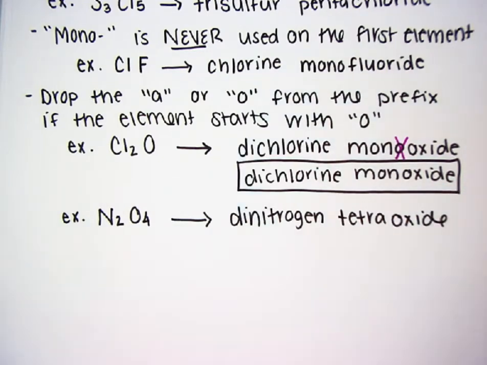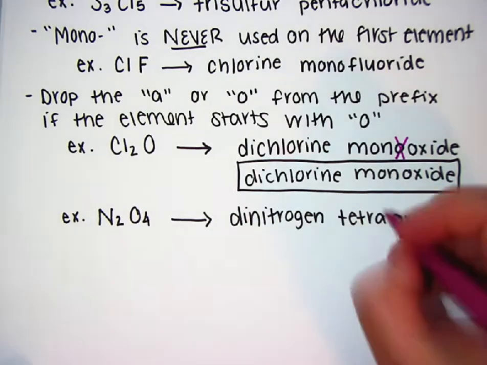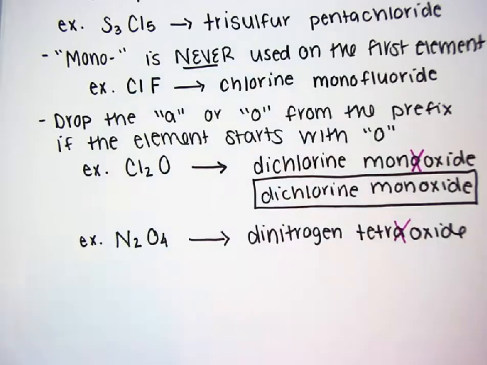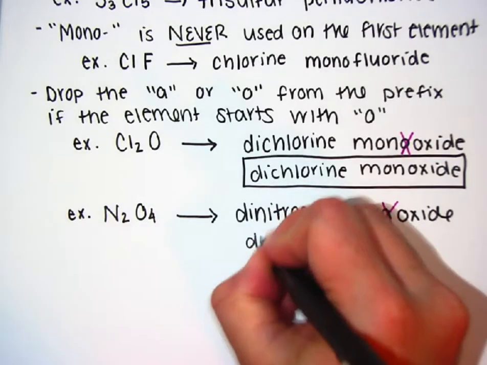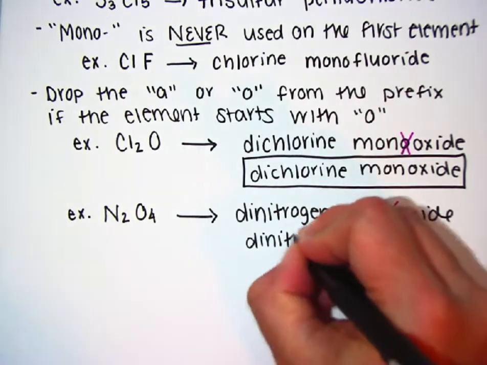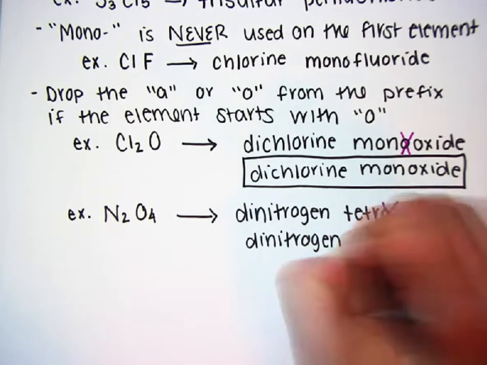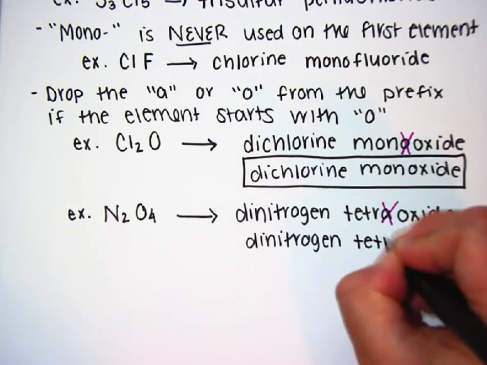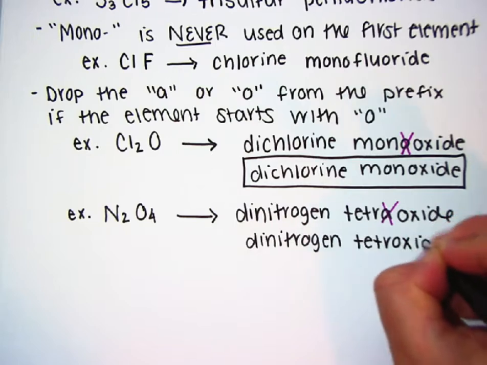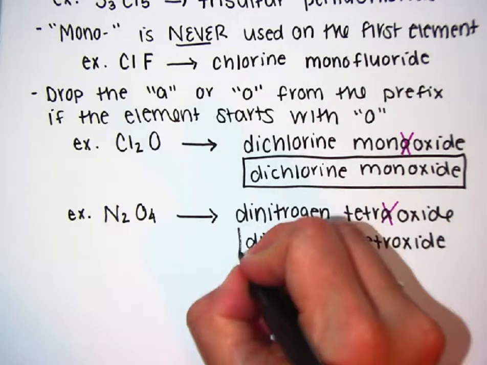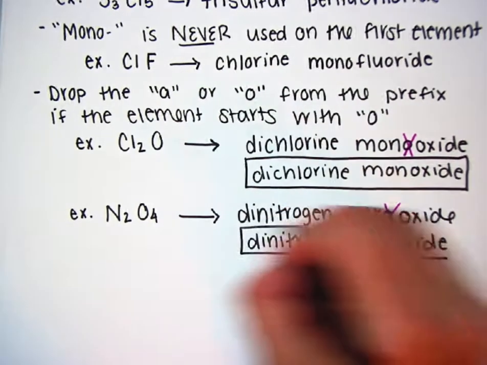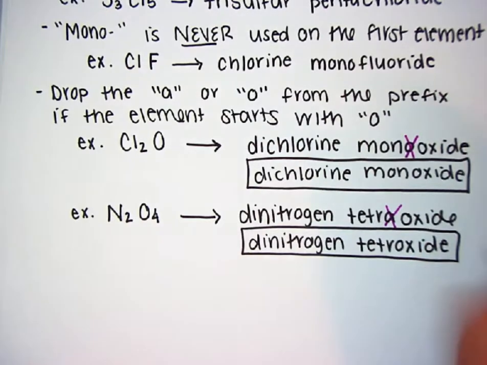But again, we don't want that double vowel before our O. So we're going to drop the A from the prefix. So this becomes dinitrogen tetroxide. Dinitrogen tetroxide. It's not tetraoxide. We drop that A.